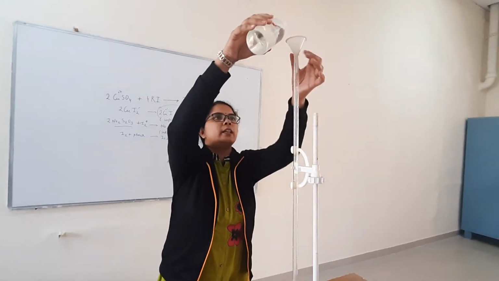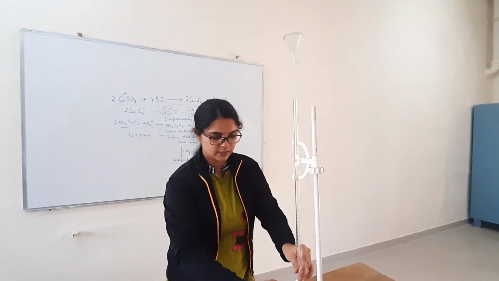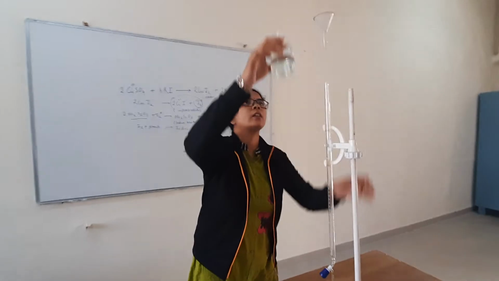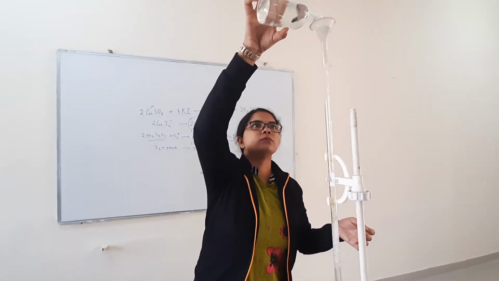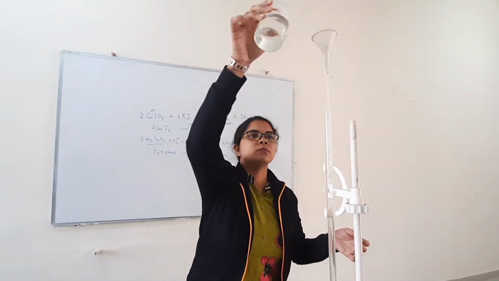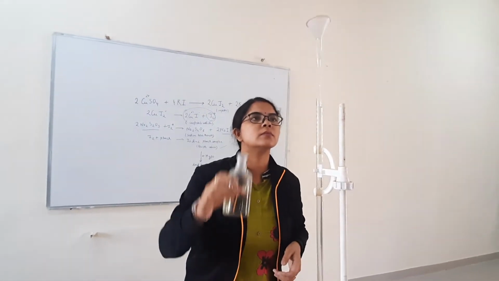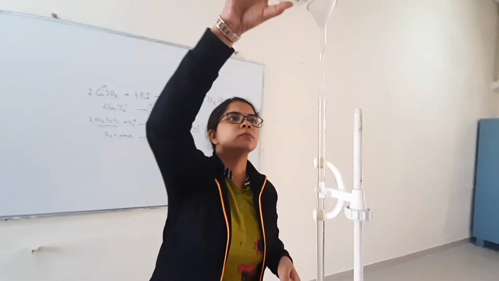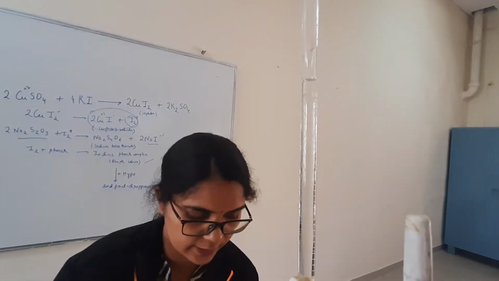We have to take the lower meniscus, make sure the stopcock is closed properly. Okay, so it is in excess, we'll take it down to 0.